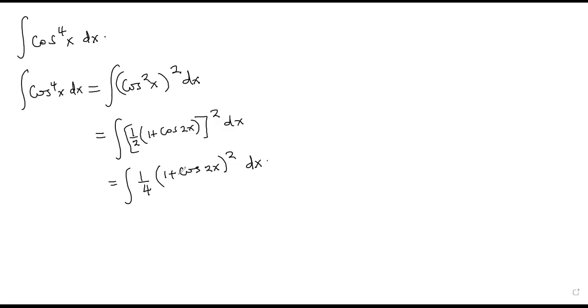It is 1 plus cos 2x times another 1 plus cos 2x, so that we have the integral of a quarter into 1 plus 2 cos 2x after expansion, then plus cos squared 2x dx.